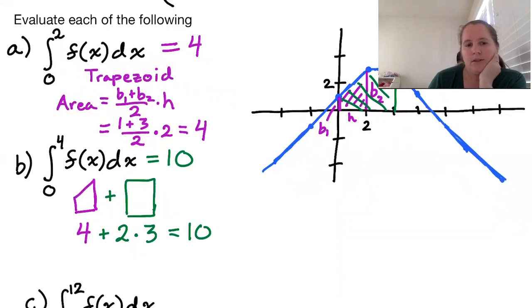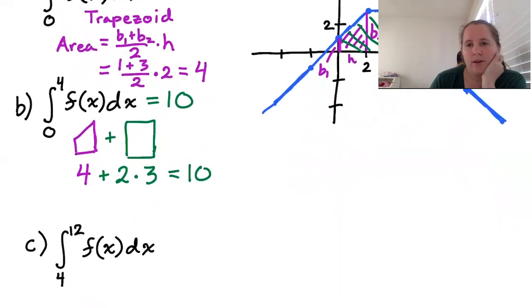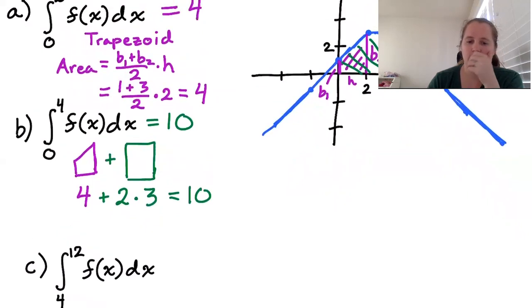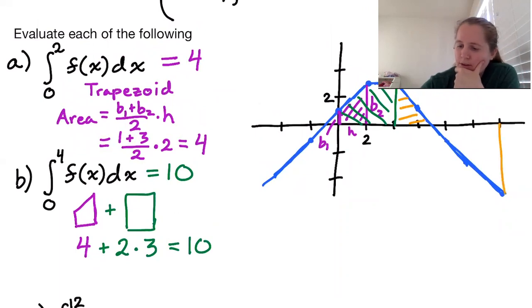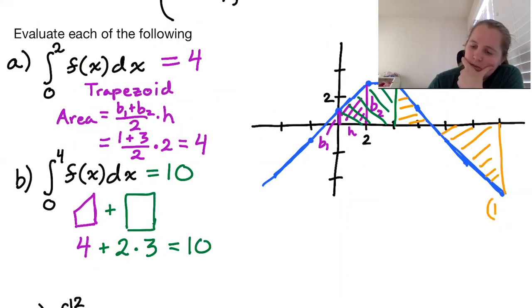Next up, let's go ahead and look from 4 to 12. We'll do this in orange. We have some above and some below. Here's our 12. The point where we're ending here is 12, -5.